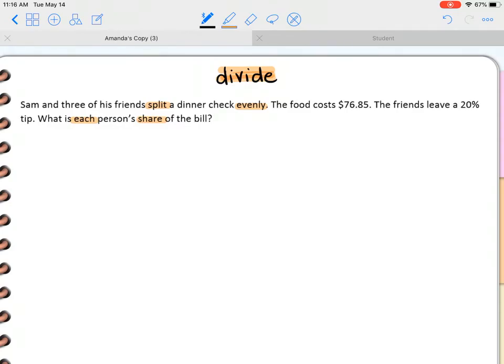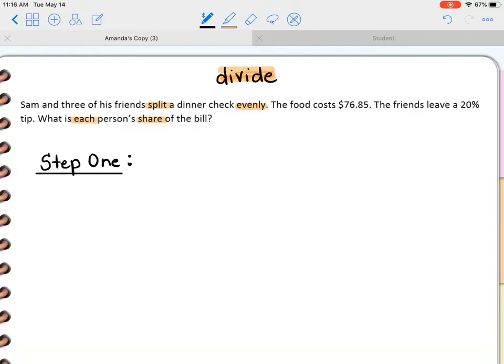Okay, so let's take our first step. So step 1, and it always helped me to just imagine that I'm in the problem, that I'm part of the story. So suppose I'm at the restaurant with these folks, and we have just finished dinner. And the waiter brings the check, that is $76.85. And it's 20% that we agree on for the tip.